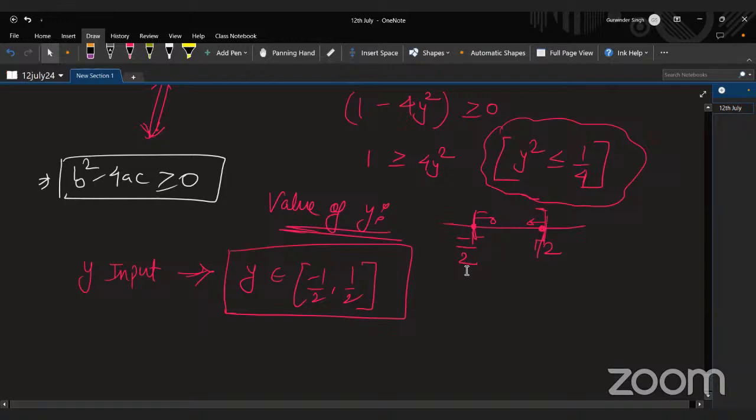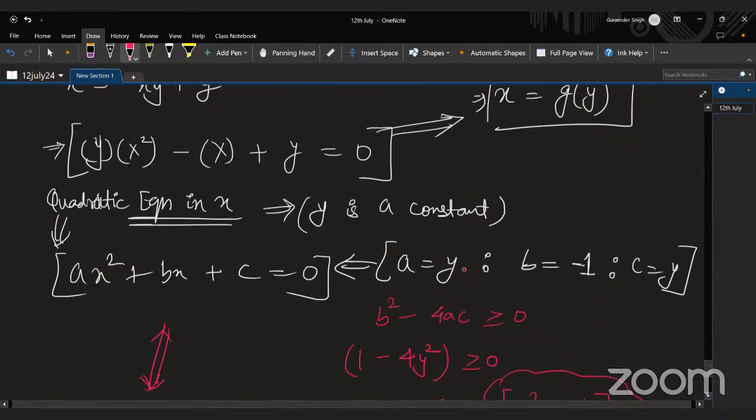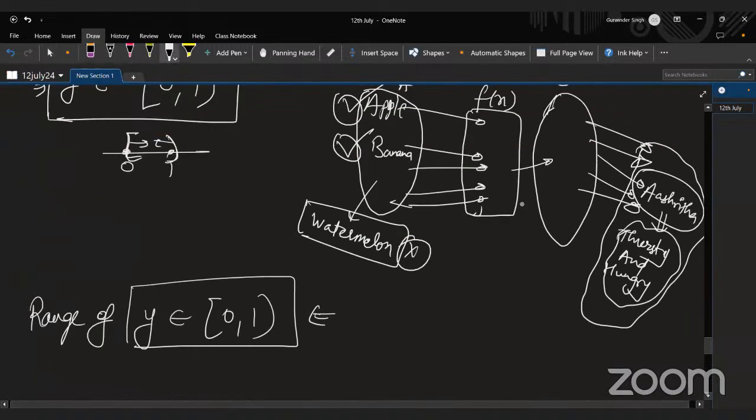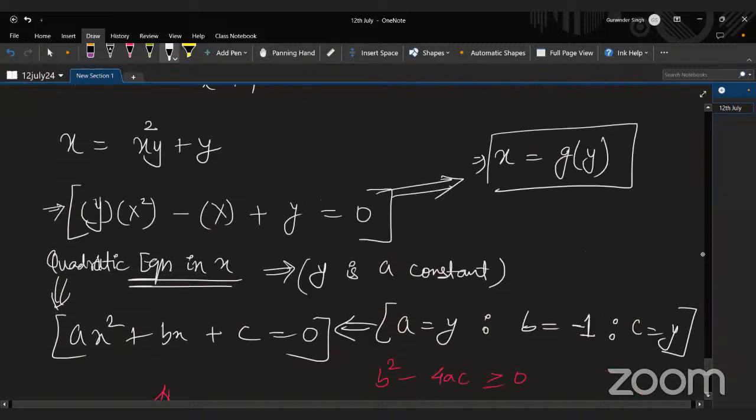True. Absolutely true. So I will check first above also. Above I will go. The domain is basically garbage, I can literally call it kachra. Kachra means dustbin. Okay, domain is -infinity to infinity. Just like Ashrita was very thirsty and hungry over here, similarly the domain is very hungry.